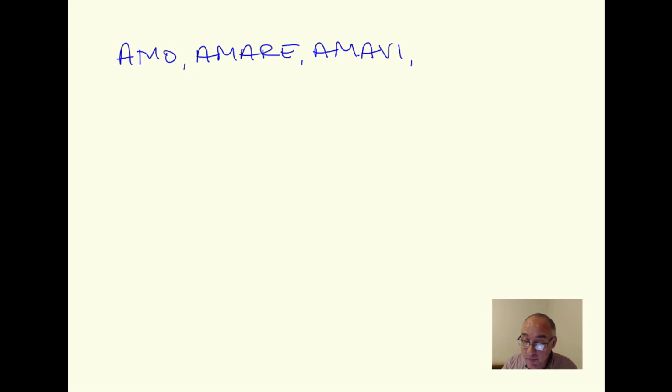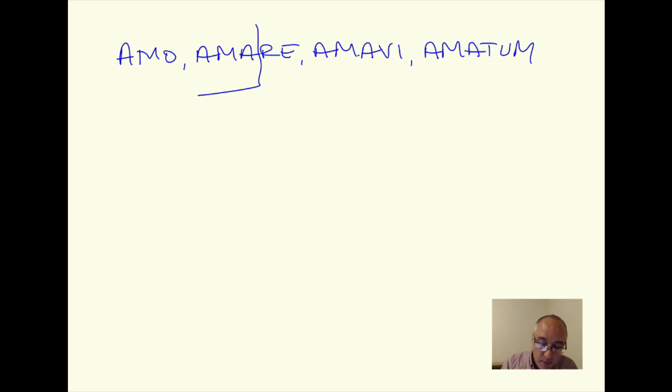So, when we want to conjugate a Latin verb, we're going to take the present stem. Amo, amare, amavi, amatum. The present stem is the second principal part minus the RE. Okay?